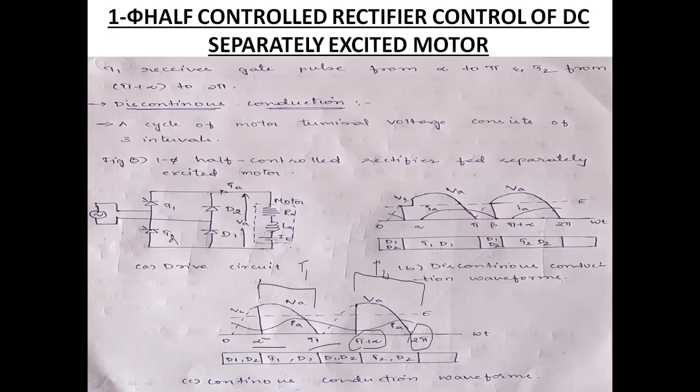Now again here you have two types, continuous and discontinuous modes. First we will deal with discontinuous mode. If you take the cycle of motor terminal voltage, it will consist mainly of 3 intervals.